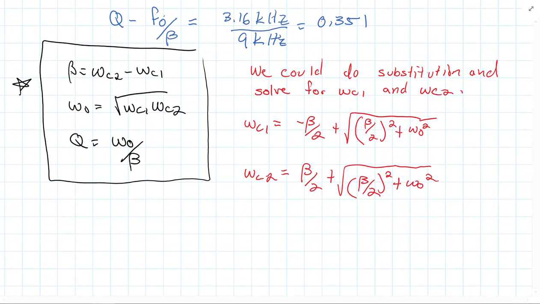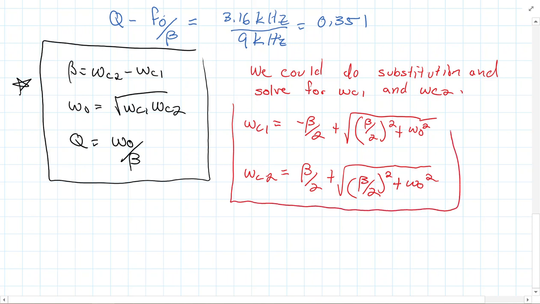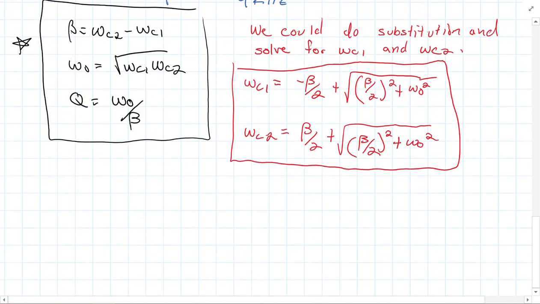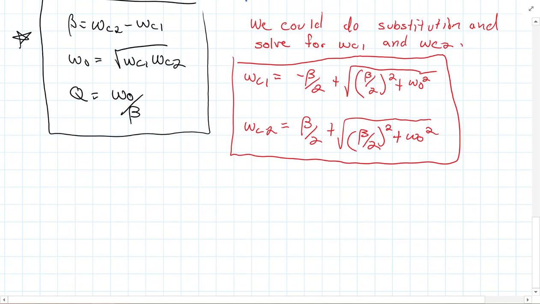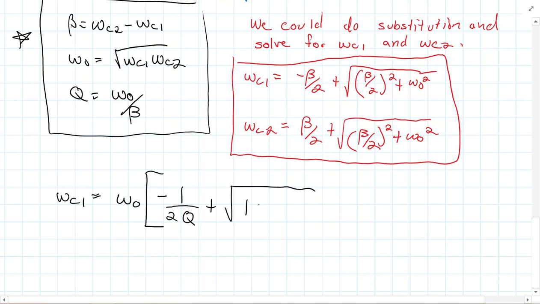So this is another set of equations that would be useful, and that's solving in terms of beta and omega 0, but we can also then use the Q factor, and we can get two additional equations for these. You can get that omega C1 is omega 0 times negative 1 over 2Q plus the square root of 1 plus 1 over 2Q squared.